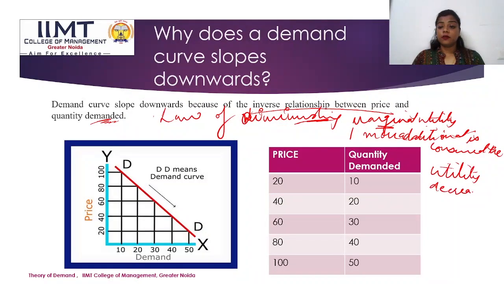Example, if I am thirsty, I drank first glass of water and I got maximum level of satisfaction. If I drank second glass, I will have less level of satisfaction. So as more and more units are consumed, the utility tends to decline. So that is why the demand curve slopes downwards.